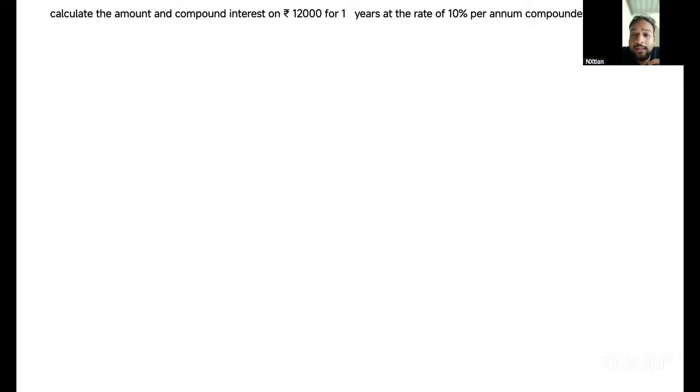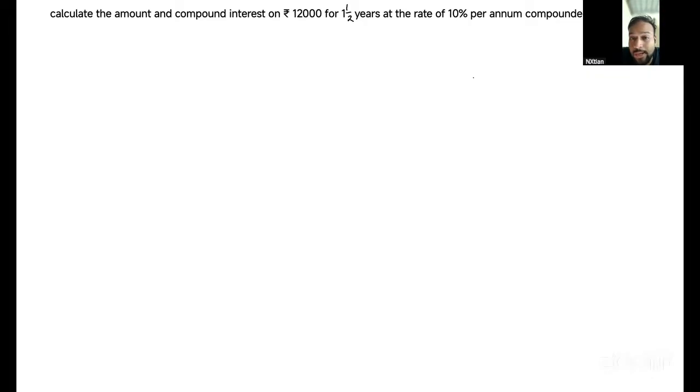This is a little different type of question. That's why I'm saying, please pay attention. Now the question is saying: calculate the amount and compound interest for 12,000 for 1.5 years at the rate of 10% per annum compounded annually.